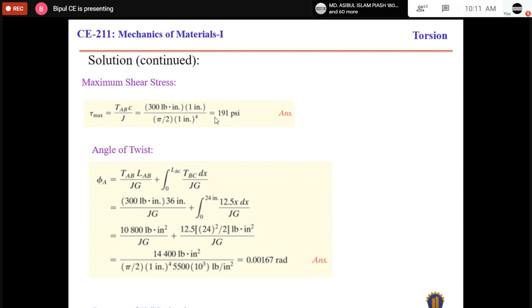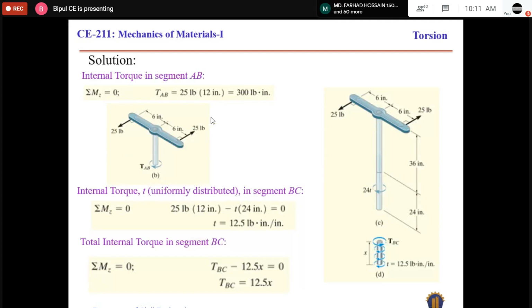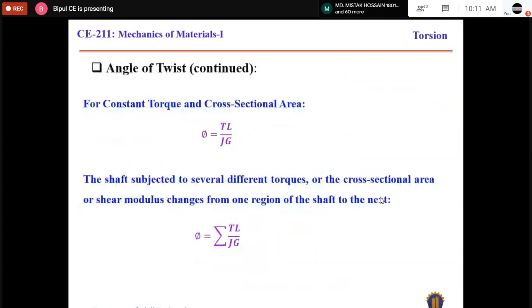Now we have to determine the angle of twist. As the torque is not concentrated along the length, but uniformly distributed, we cannot apply this equation directly, because for this equation the torque must be constant or concentrated.